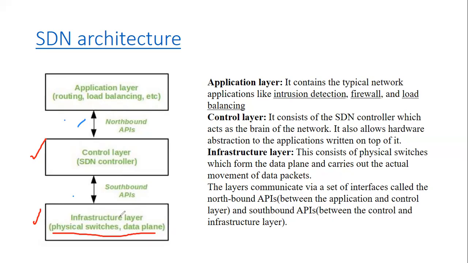And the southbound API is the interface between the control layer and the infrastructure layer. With this API, the control layer and infrastructure layer communicate with each other. So this is all about the SDN architecture.